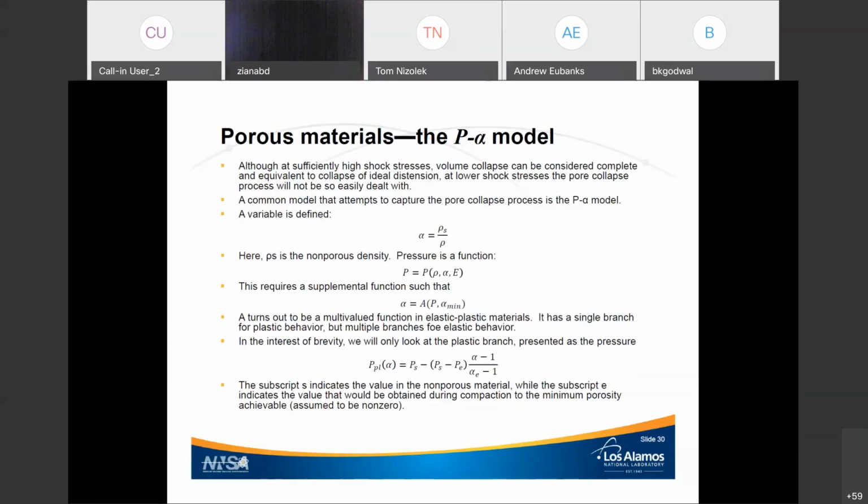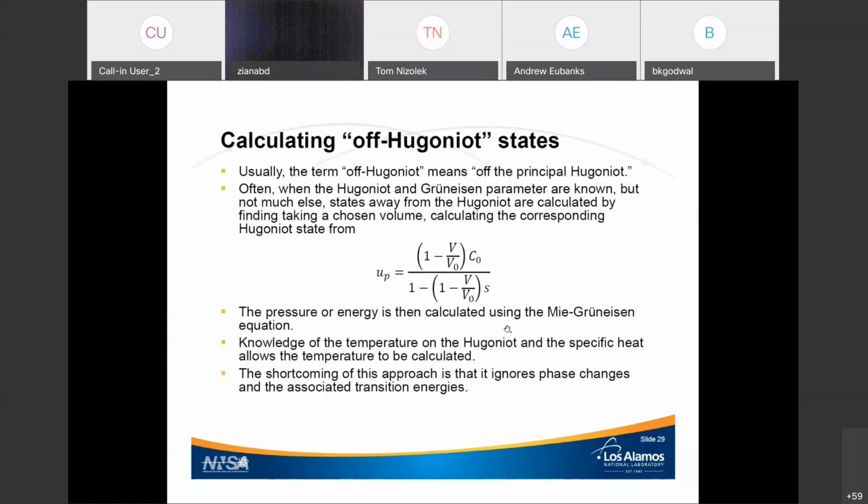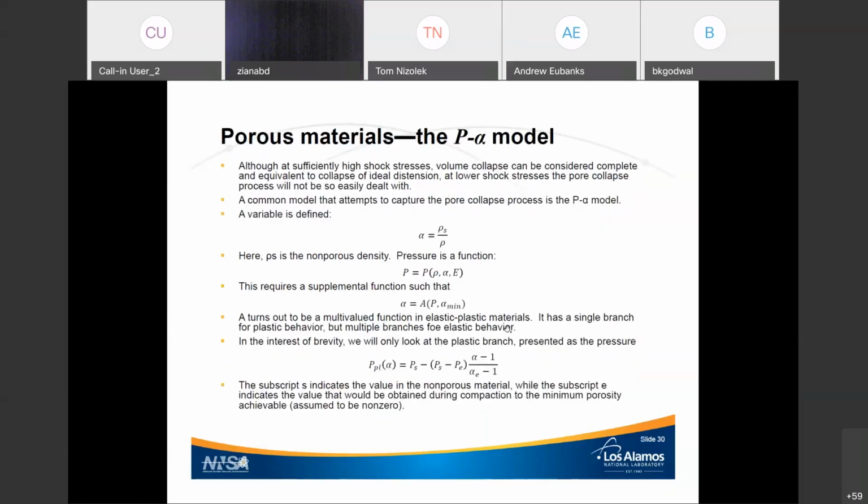And in fact, in a lot of the early work on shock waves, where people were trying to figure out the volume dependence of the Grüneisen parameter, they did experiments, sort of the backward case of this, with porous materials, in order to figure out what the Grüneisen parameter did as a function of volume.